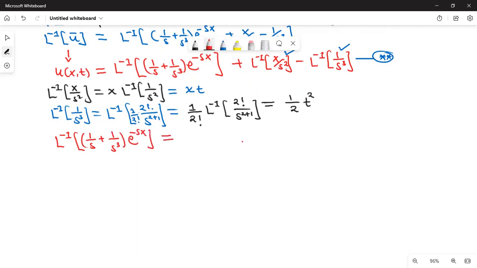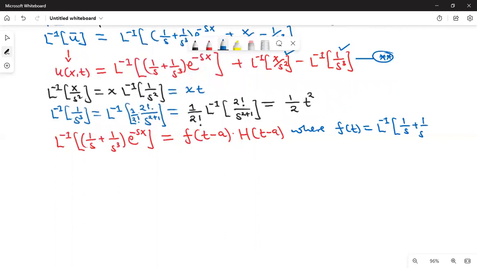It is the same as f of t minus a times h of t minus a, where f of t is the inverse of 1 over s plus 1 over s cubed.